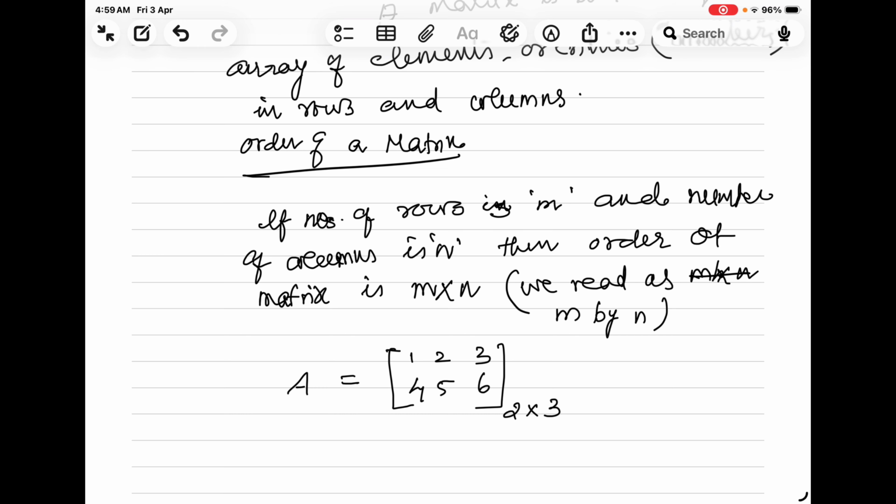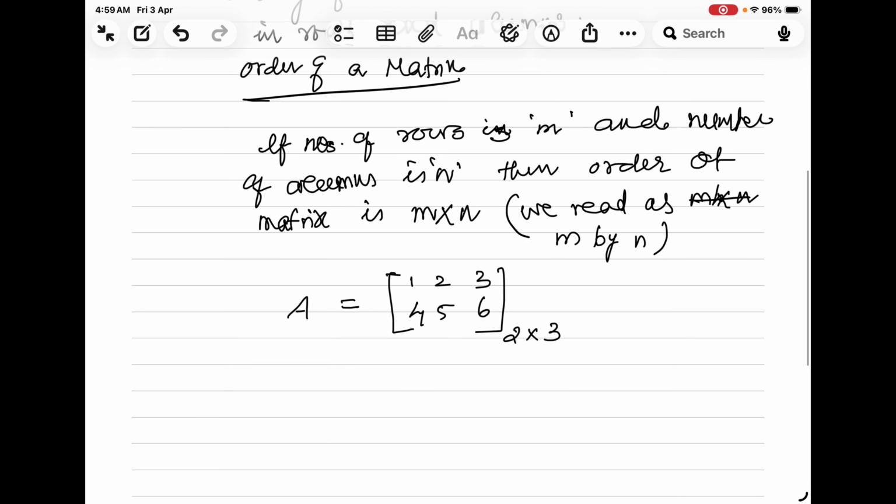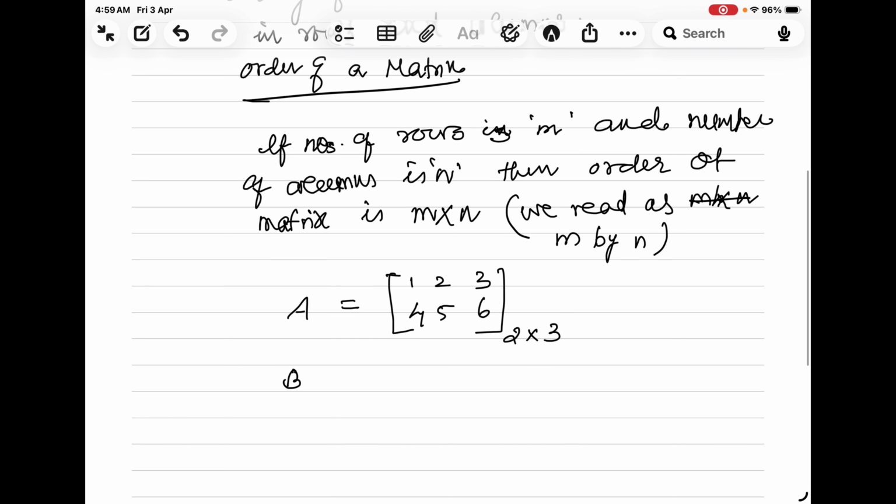So A equal to matrix with first row 1, 2, 3 and second row 4, 5, 6. Its order is 2 by 3. Another example, matrix B equal to 2, 3, 6.